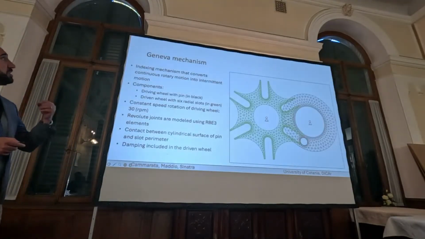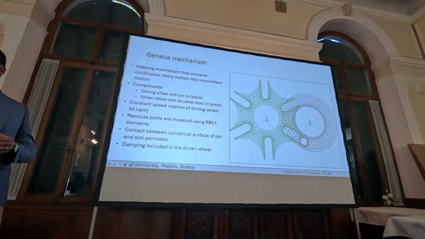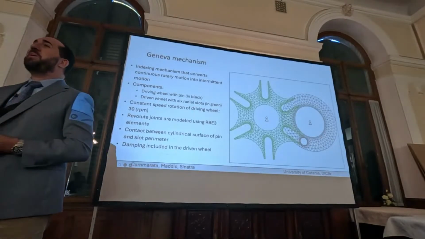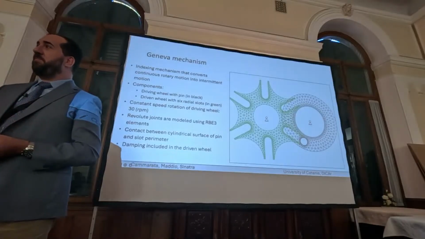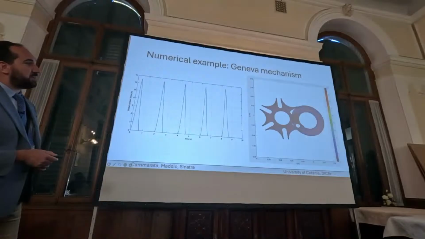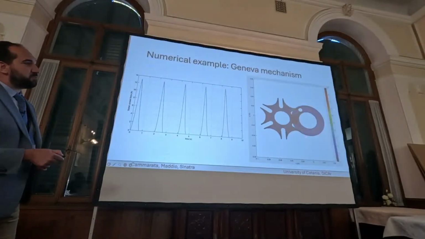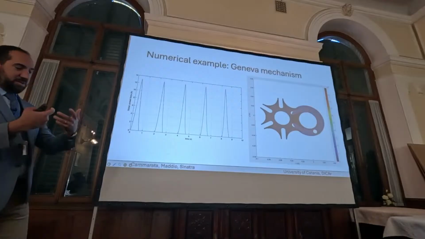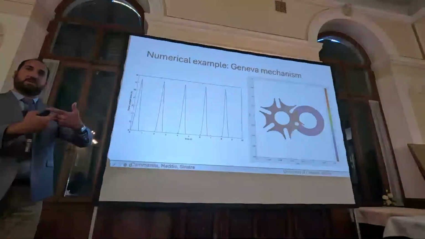If you go to the next, this is the Geneva mechanism. We are in Switzerland, and it is the basis for clocks. What happens is that this system rotates continuously, and the other system, when it engages, the pin engages inside.